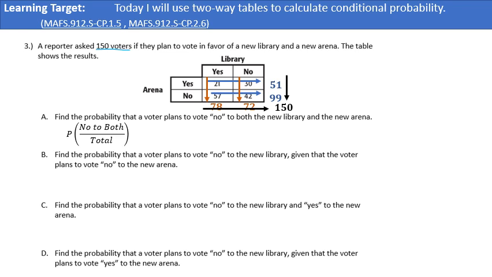Well, where's the probability that they say no to both? Let's find it in our chart. That means no and no, so we're looking at 42 people. So this should be 42 over 150. And again, I'm going to stay in decimal world. So grab your calculator.